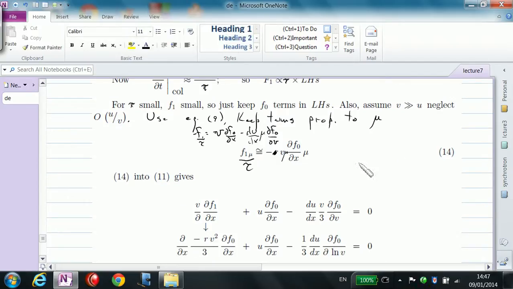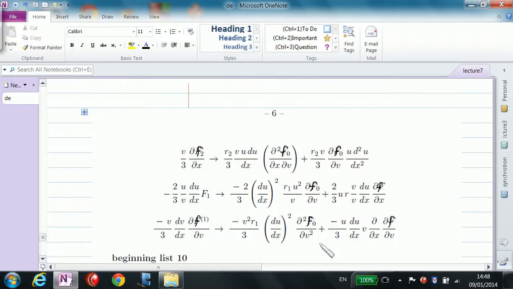Now, if I substitute 14 into 11, again, I get this, and this is a diffusion term. I get this because I had it all along. And I get this because, okay, where did this term come from?